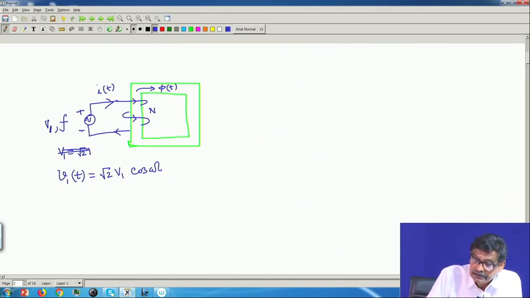But the moment an alternating flux is created inside the core of this magnetic circuit, between these 2 points there appears an AC induced voltage. Suppose the number of turns of this coil is N 1, a single coil.